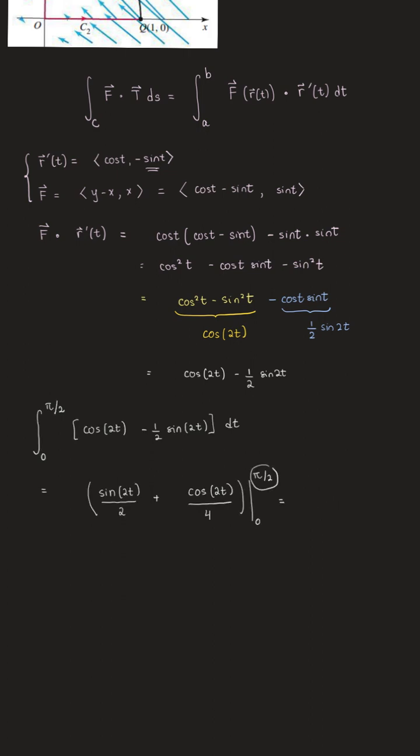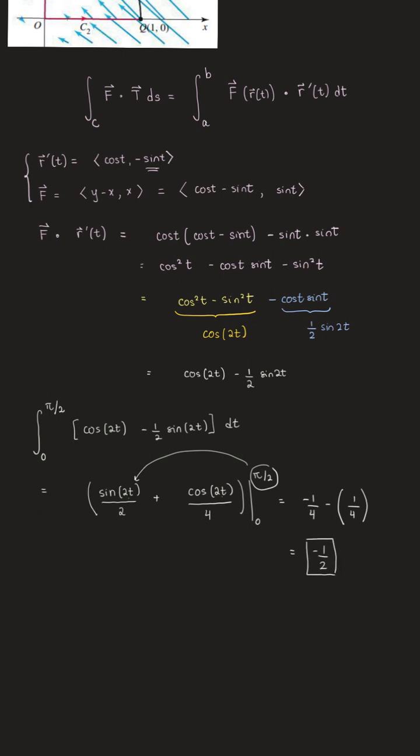When we put in pi over 2 here, we get sine of pi, which is 0. Here, we get cosine of pi, which is -1. So that was correct. And then minus what we get when we put in 0. Sine of 0 is 0, cosine of 0 is 1. Okay, that's a 1/4. They don't cancel out. That just gives us a -1/2. I confused myself. This is perfectly fine.